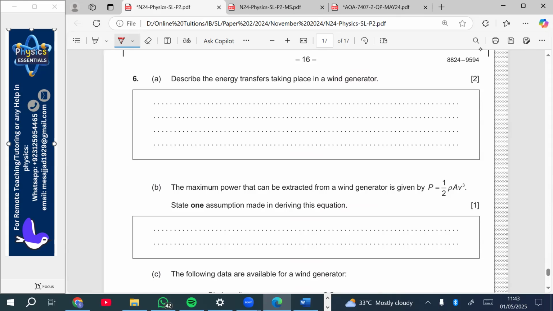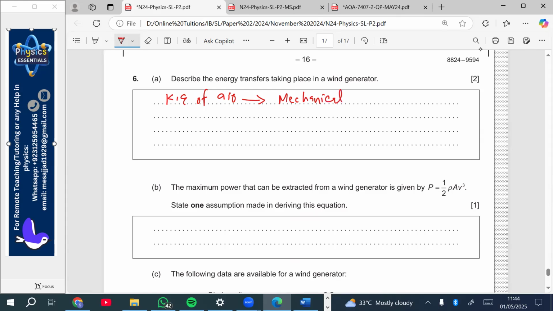Question number 6. Describe the energy transfers taking place in a wind generator. So in a wind generator, the way the wind is blowing means there will be kinetic energy of air. And when it comes and hits the blades of the wind turbine, the blades will move, and any energy that you see as moving is actually mechanical energy.